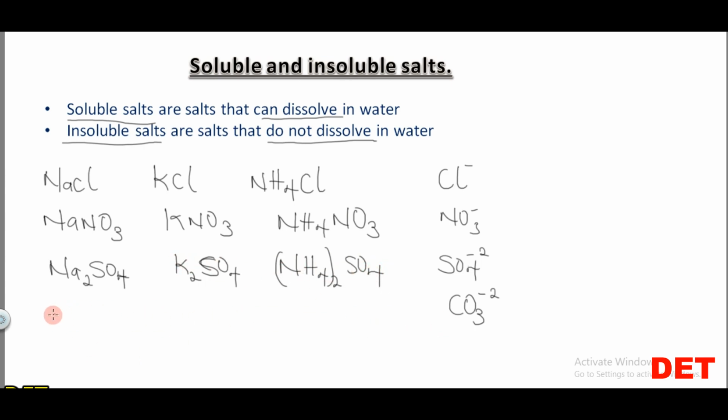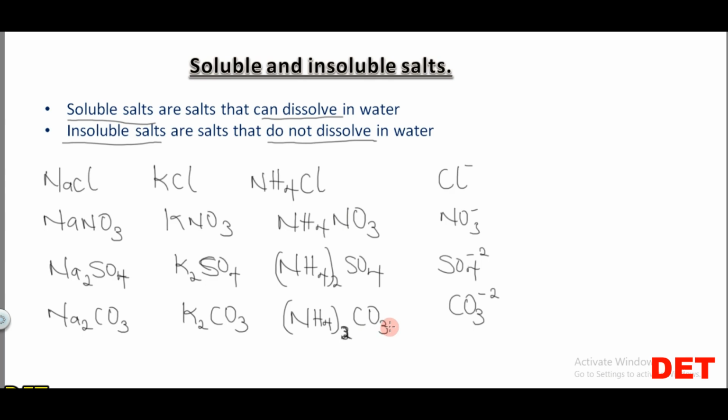Then the trioxocarbonate(IV), we have sodium trioxocarbonate(IV), it is soluble in water. We have potassium trioxocarbonate(IV), it is soluble in water. We have ammonium trioxocarbonate(IV), it is also soluble in water.